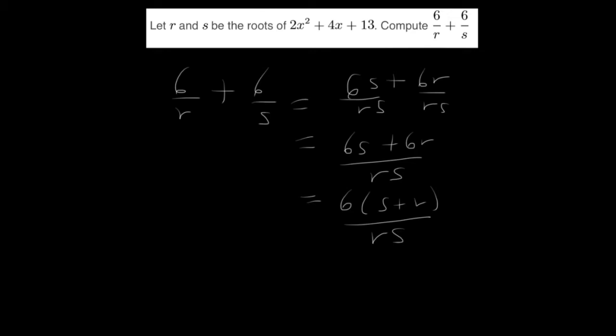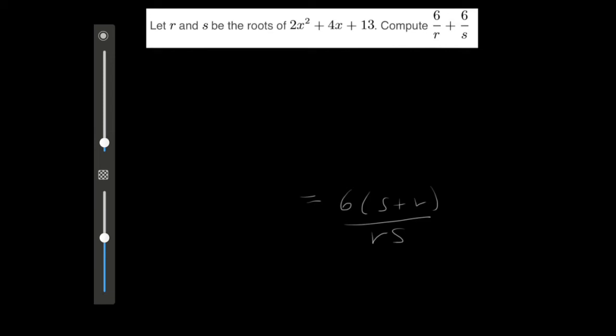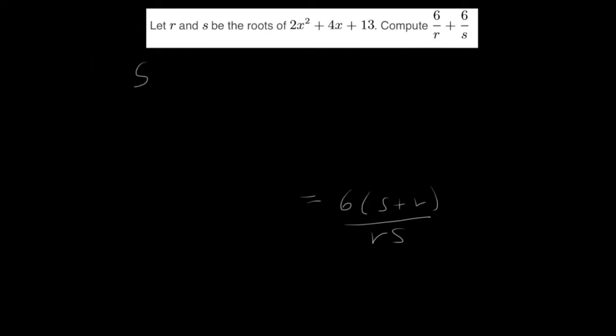Now we can use Vieta's, because Vieta's is for the sum and the product. Let's erase everything that we don't need here. We only need 6 times s plus r over rs. Now let's plug in our formula. The sum is negative b over a, and the product is c over a.